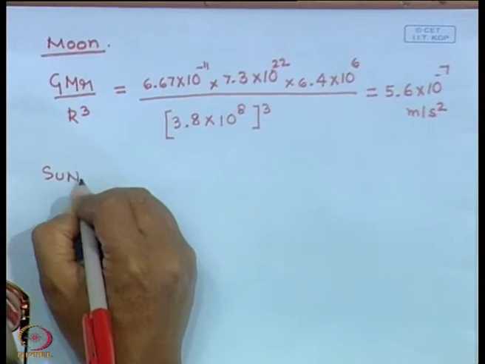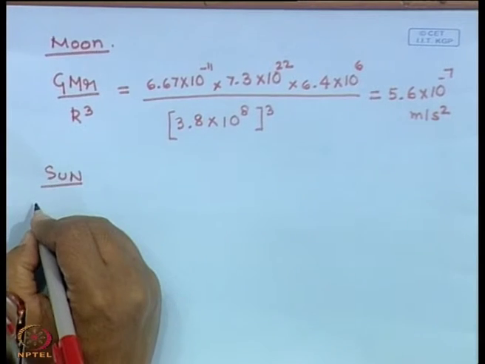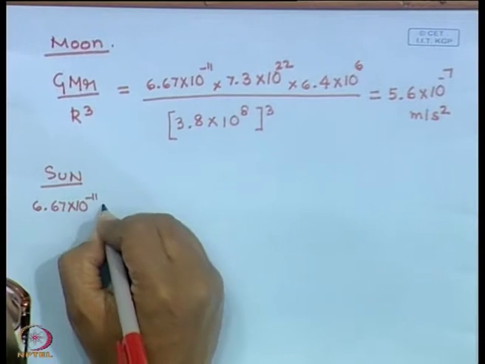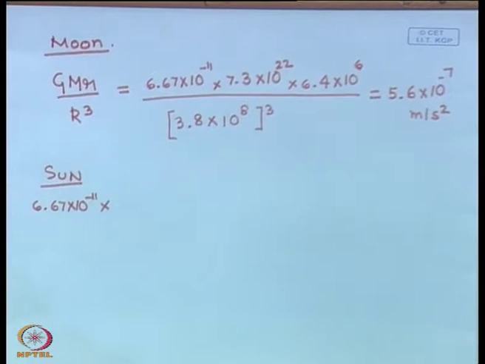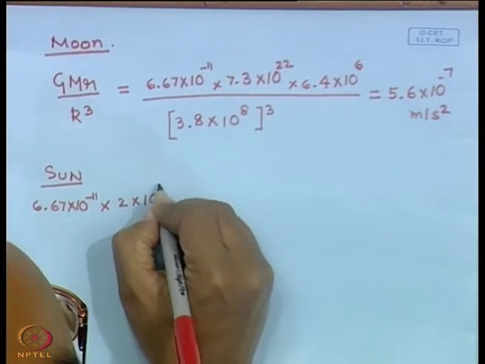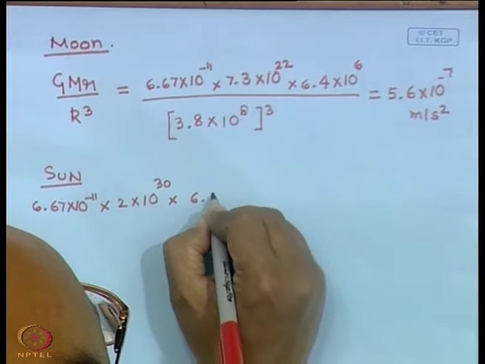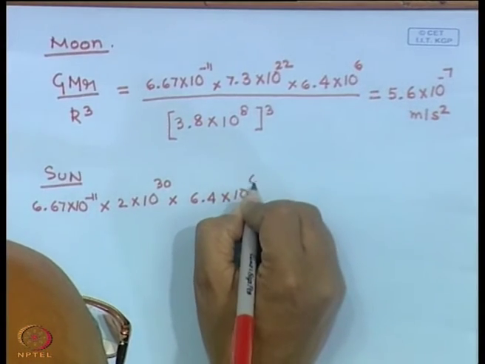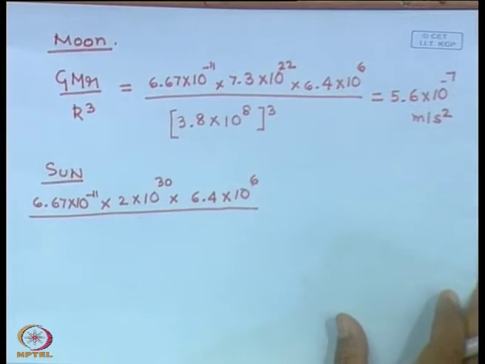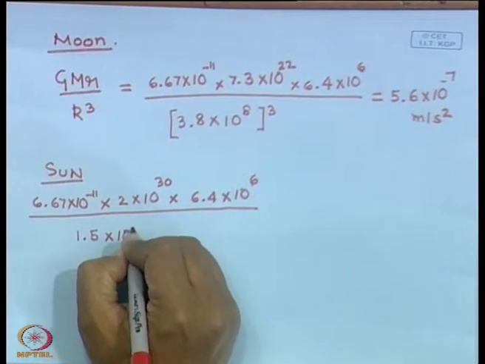So the sun, what is the tidal acceleration that it produces on the earth? So let us take 6.67 into 10 to the power minus 11 into the mass of the sun. We have seen the mass of the sun, it is 2 into 10 to the power 30 kgs, into again the radius of the earth, 6.4 into 10 to the power 6 meters, divided by the cube of the earth sun distance, and the earth sun distance, one astronomical unit, is 1.5 into 10 to the power 11 meters.